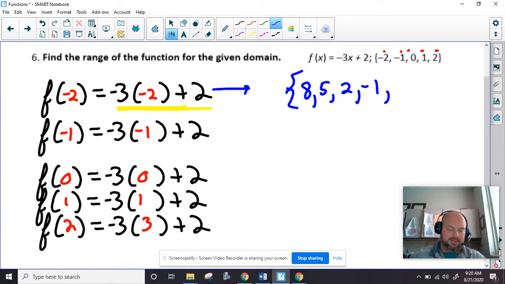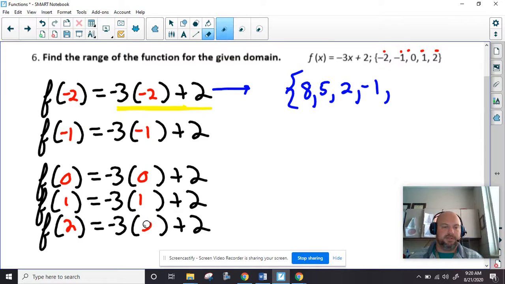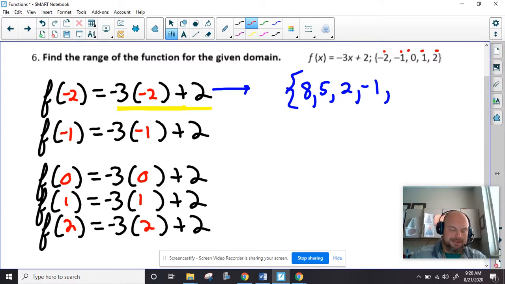And then -3. Oh, nobody caught that. I actually wrote 3 right here. Come on, guys. So -3 parentheses 2, shucks, plus 2. We get -4.